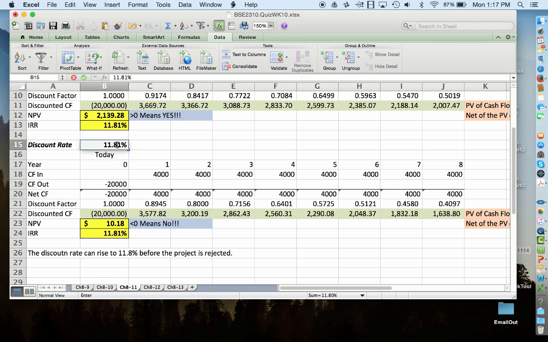At 11.82%, now my NPV is negative. And it's all because the higher that discount rate goes, it decreases the present value. And the smaller the present value, the harder it is to make up for that $20,000 investment.